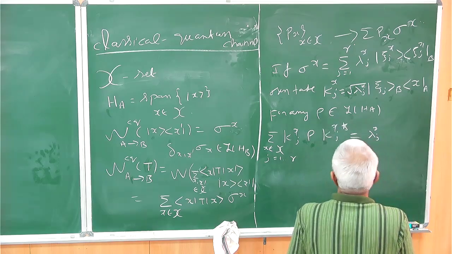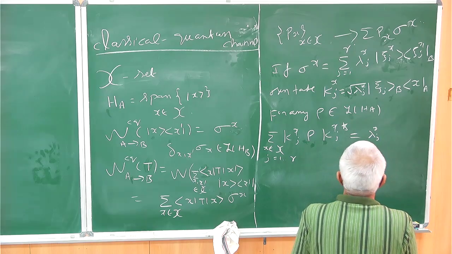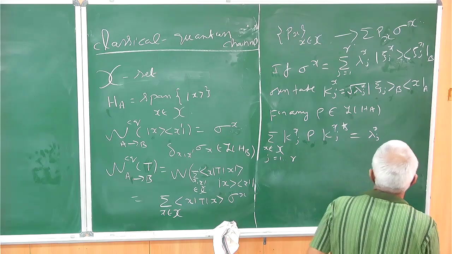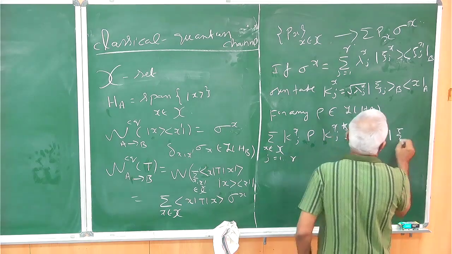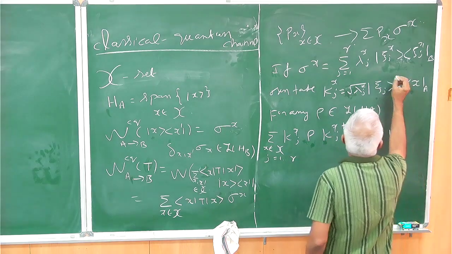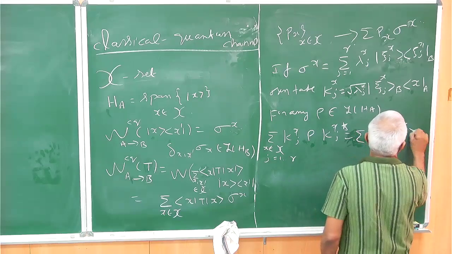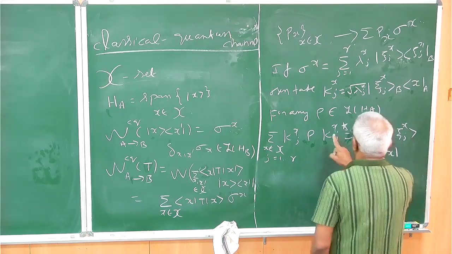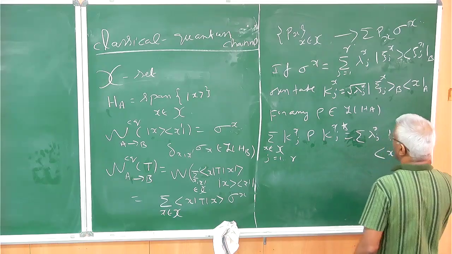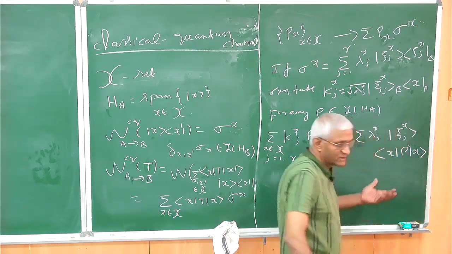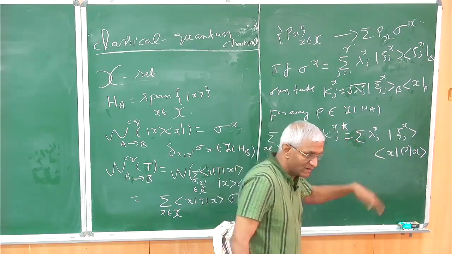For x not equal to x prime, what do we get? We get the summation, and we get |xi_xj>, then <x|, then rho, and then |x> here. I was wondering about x prime and y, how it will work.